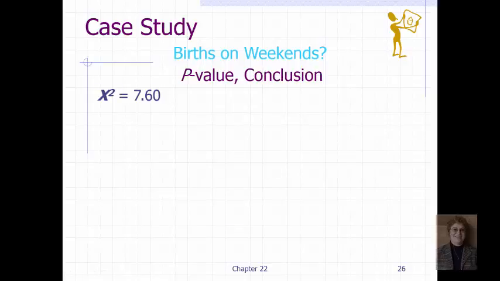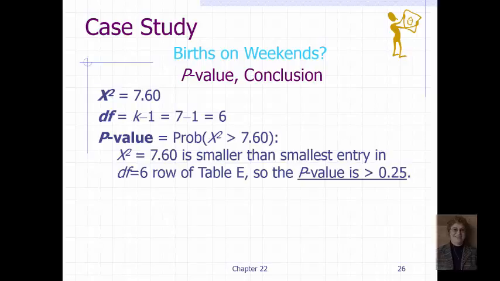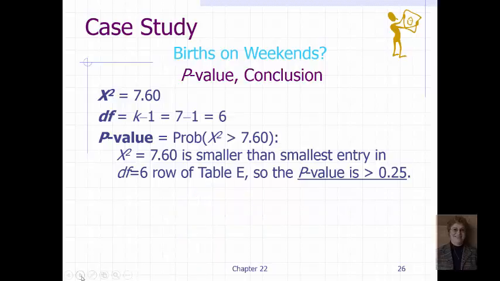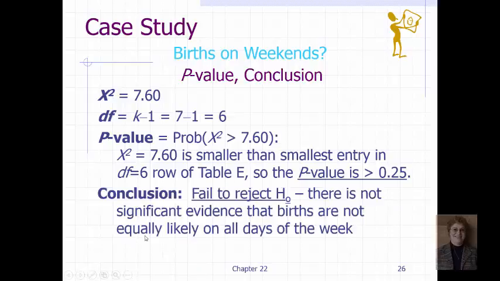And what is our conclusion? Our p-value, if we looked it up on the table, and it's not table E, is greater than 0.25. We found that on our StatCrunch page. And so we're going to fail to reject our null hypothesis.